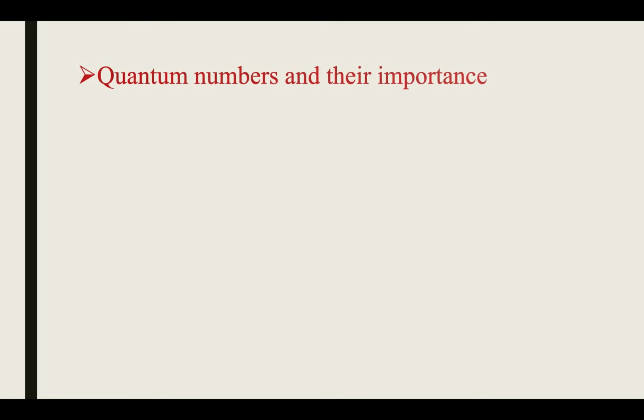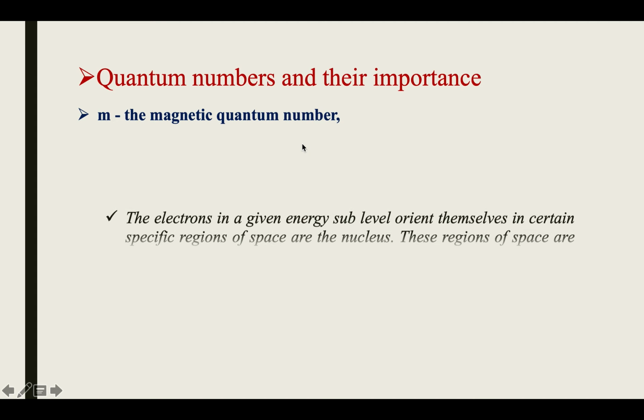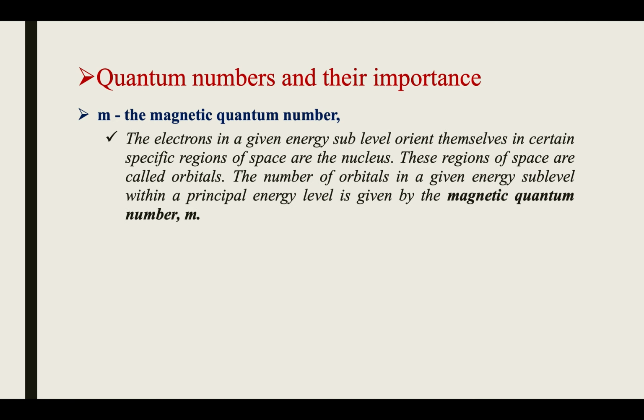Now we will see the third quantum number, that is m, which we represent as the magnetic quantum number. Since an electron has an angular momentum, its motion may be linked to the flow of electric current through a loop. Such a flow of current, as is well known, creates a magnetic field.